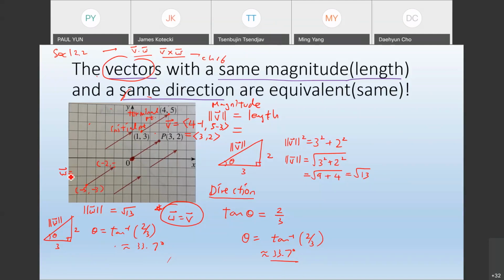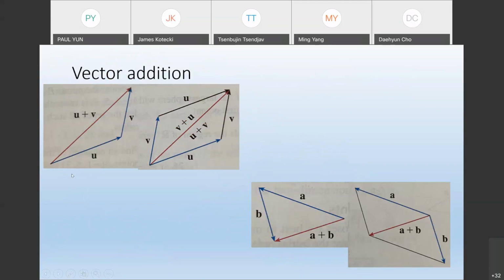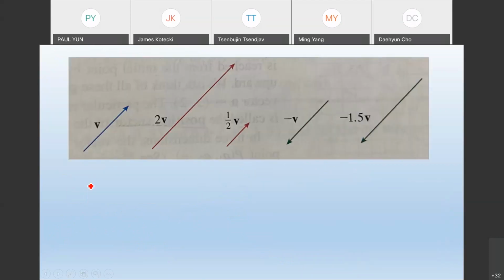Okay. Find this vector W. Calculate it. It is always terminal point minus initial starting point. So what's that?